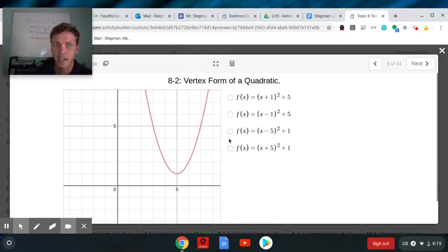So I want to find out, using this formula, when I put 5 in for h, we'll have x minus 5. And then 1 is my k, so it'll be x minus 5 squared plus 1. So this right here is going to be my option. All right, move on to the next slide.